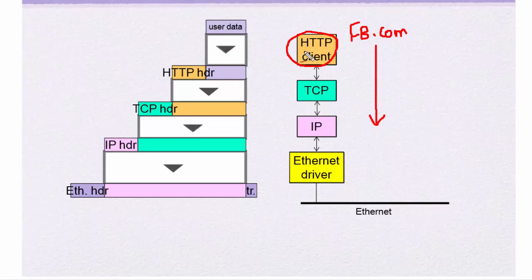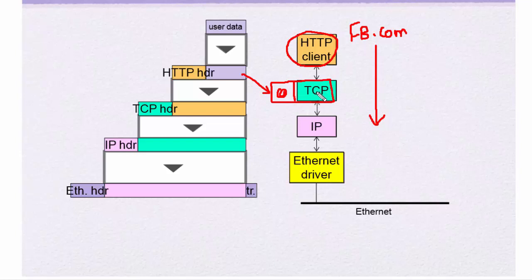Now here is an HTTP client, and this request further moves towards TCP, but it moves in the form of a header. Here is the header portion, and this is my text, what I am typing.